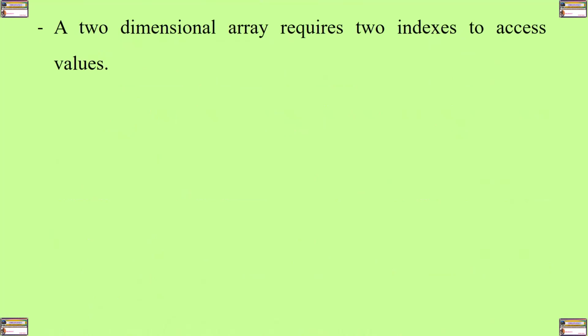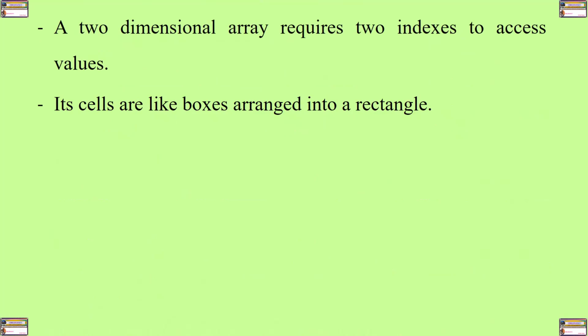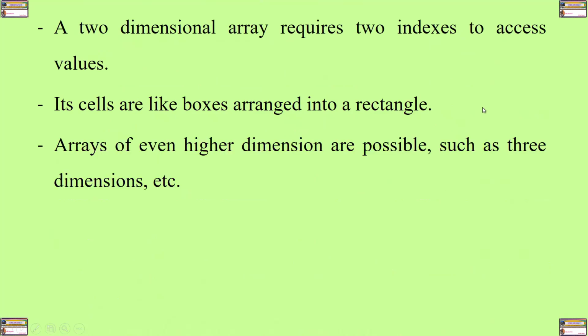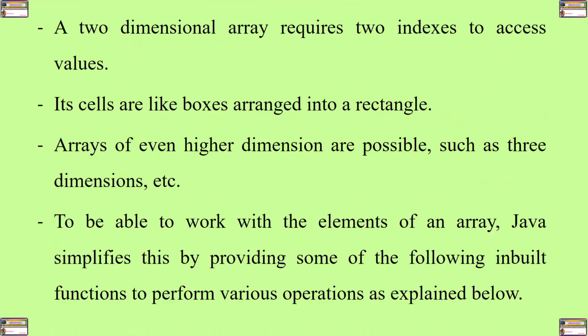A two-dimensional array, on the other hand, requires 2 indexes to access values. Its cells are like boxes arranged into a rectangle. Arrays of even higher dimensions are possible, such as 3 dimensions, 4 dimensions, 5 dimensions, etc.